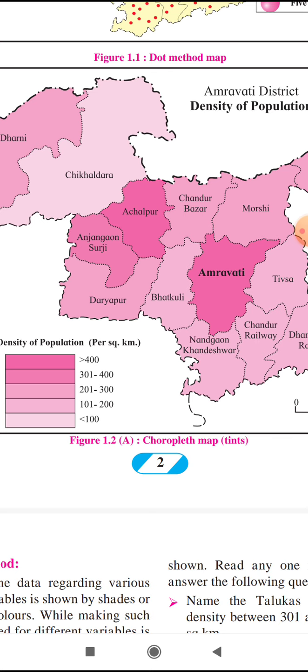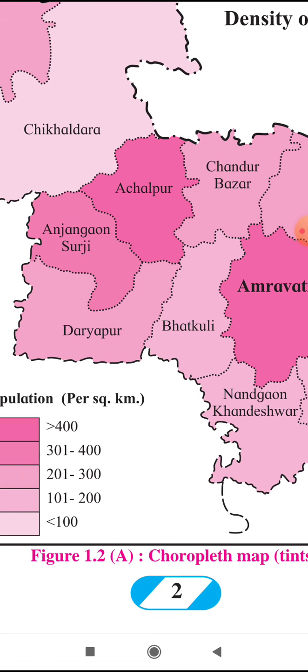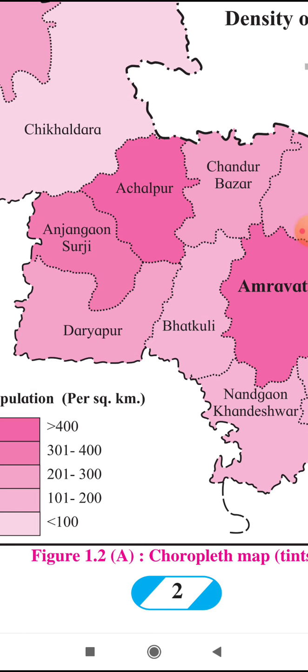After that the lighter shade shows 301 to 400, which is in Anjangaon Surji. Its population density is between 301 to 400.